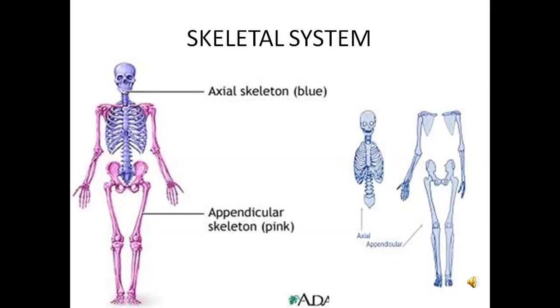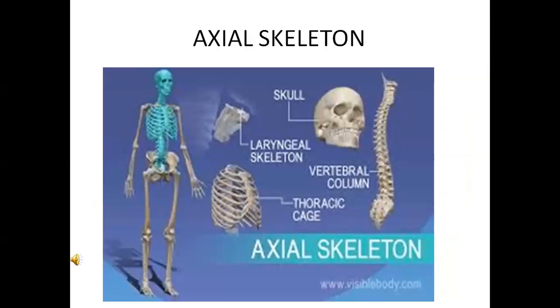The axial skeleton forms the upright axis of the body, which includes 3 parts: skull, vertebral column and rib cage. Appendicular skeleton consists of the bones of the limbs along with their pectoral and pelvic girdles.